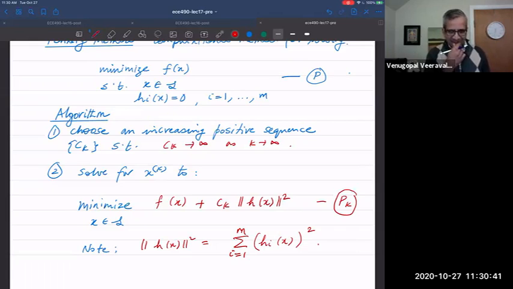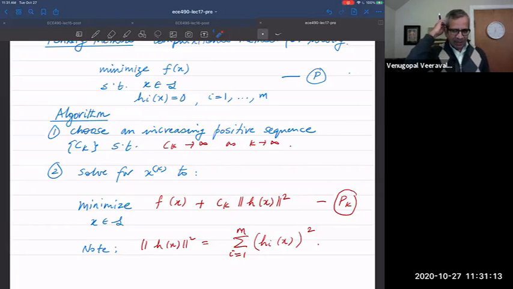So you can see that as I increase my ck to infinity, the effect of this will start to go away, and you're going to be minimizing f(x). But it will only go away if this h(x) is close to 0, right? Or it's tending to 0 as k goes to infinity.